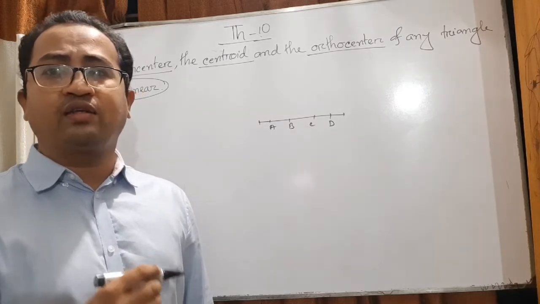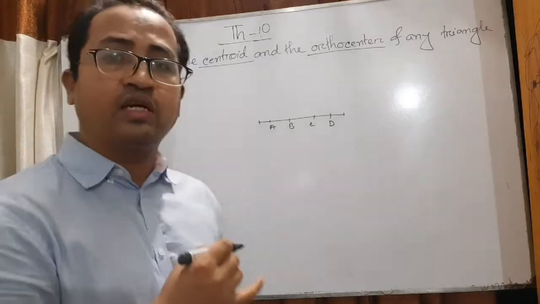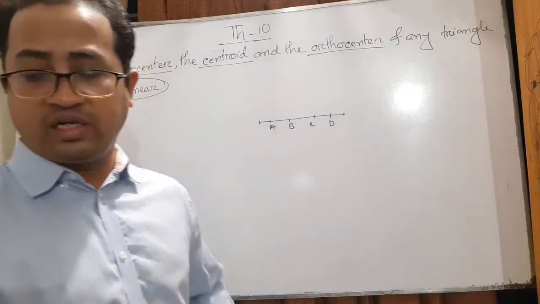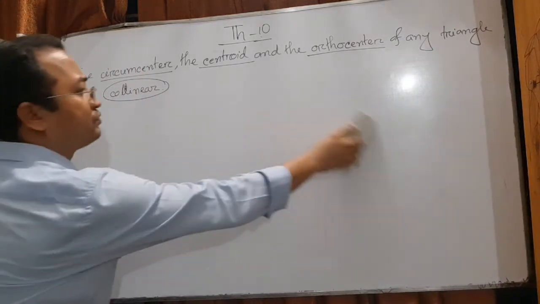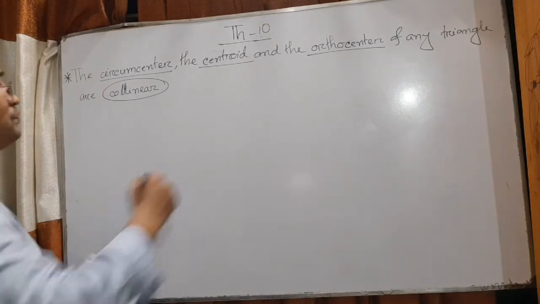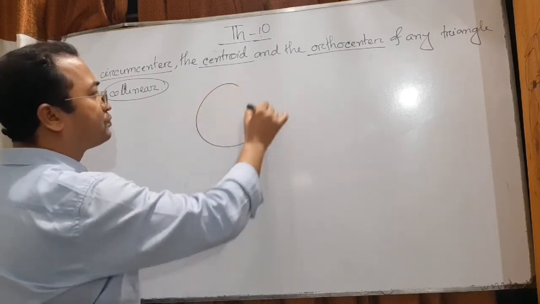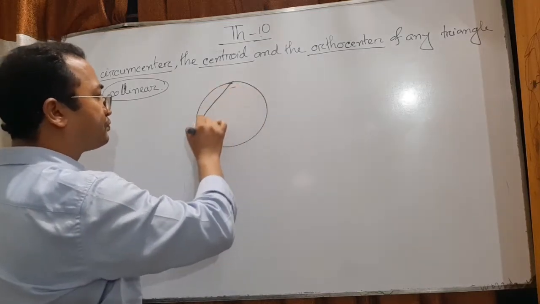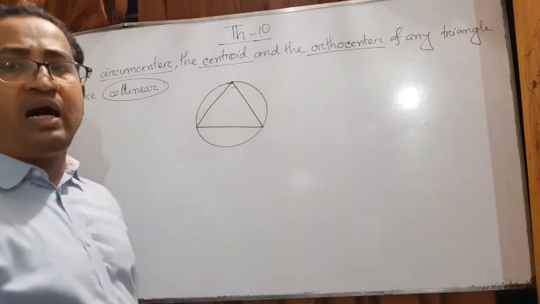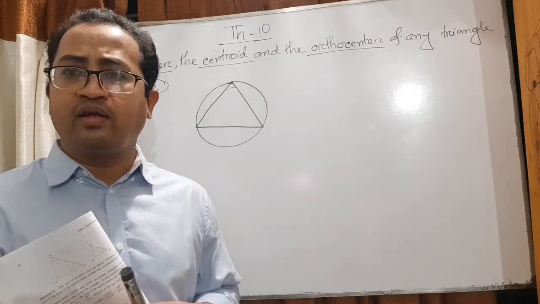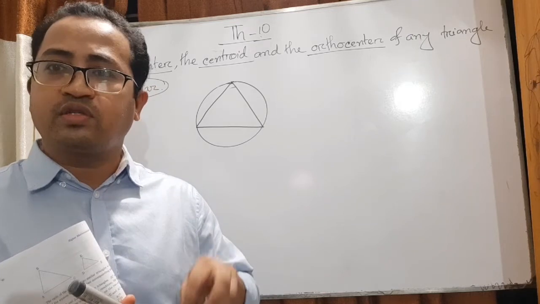But at first you should understand what is circumcenter, what is centroid and what is orthocenter. Now let's start with circumcenter. Look, I have drawn a triangle inscribed in a circle.